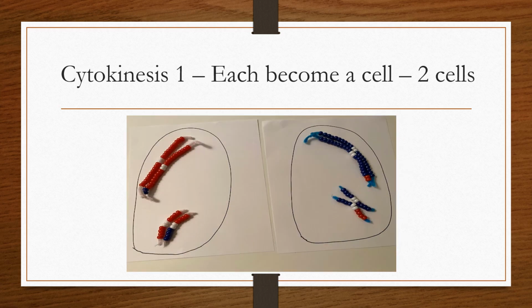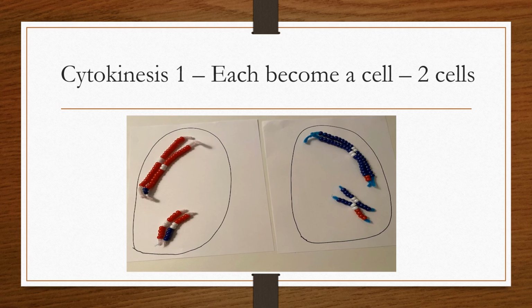The next step is cytokinesis 1. What does it mean in this phase? It becomes new cells. So after meiosis 1, we have two cells now. Each cell only has two chromosomes.